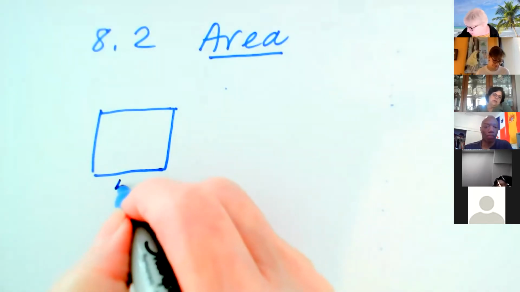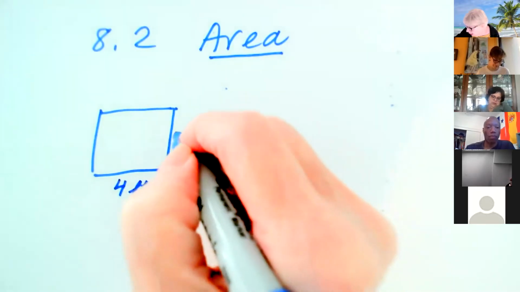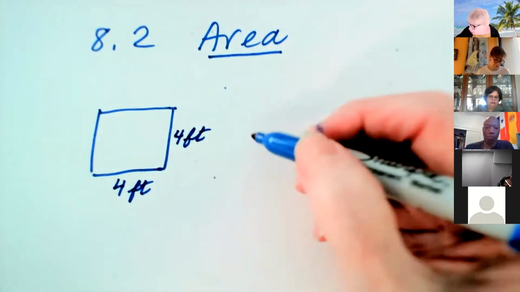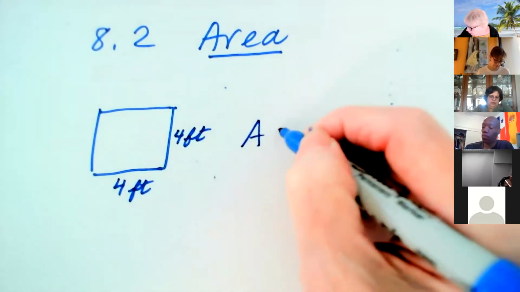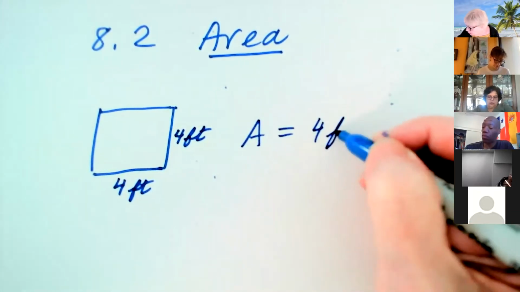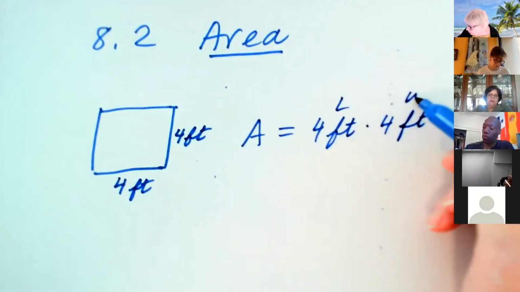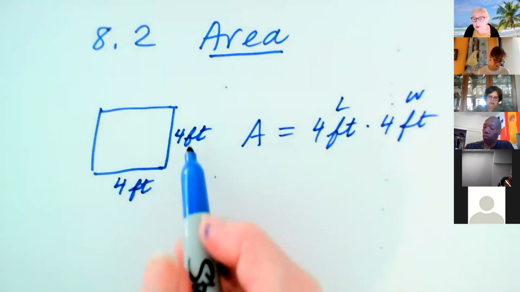This side here, let's say it's 4 feet, is the same all the way around. And so what you do is the area would be the 4 feet multiplied by the 4 feet. In other words, it's roughly the length times the width.